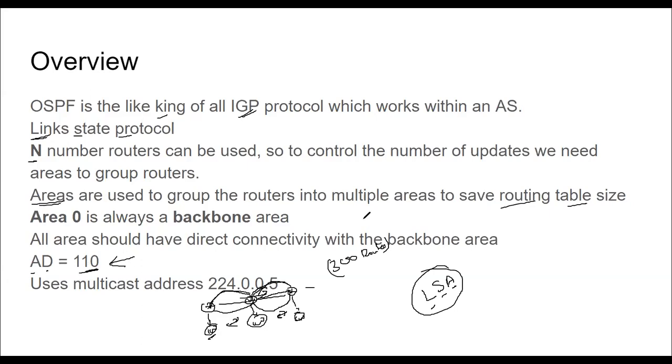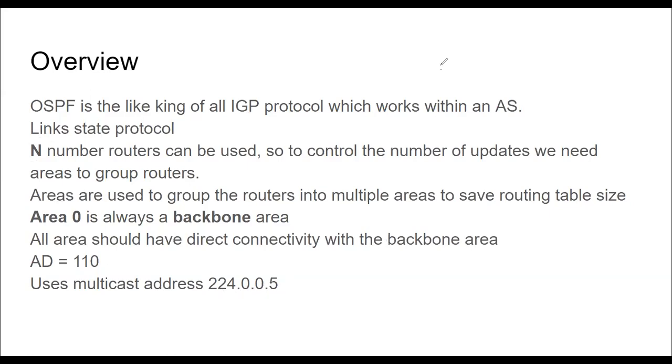This is mainly used when the IGP wants to choose a single path when it has multiple paths. For example, I have a router connection like this. Here I'm running OSPF, and here I'm running RIP.